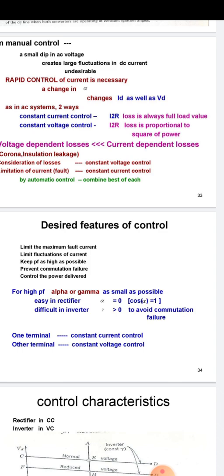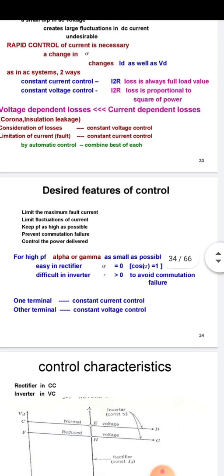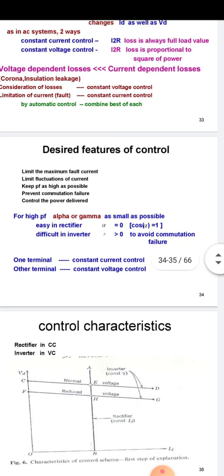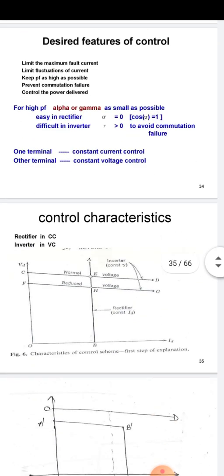So cos alpha equals cos 0, which equals 1. Then the difficulty in the inverter is that alpha is greater than 0, to avoid commutation failure. One terminal has constant current control, and the other terminal has constant voltage control.